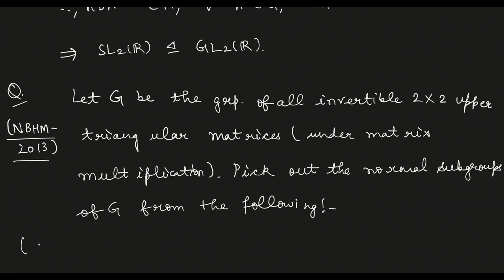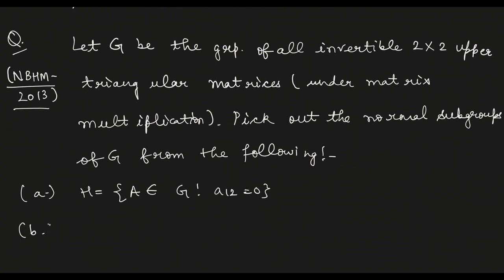A part, H equals A belongs to G such that a12 equals 0. B part, H equals A belongs to G such that a11 equals 1.